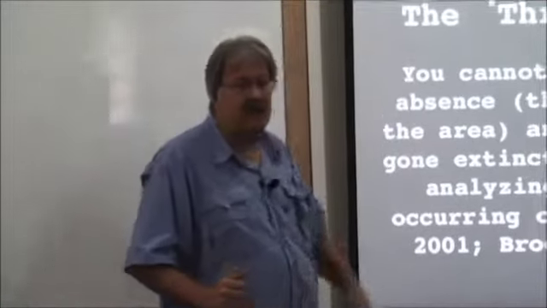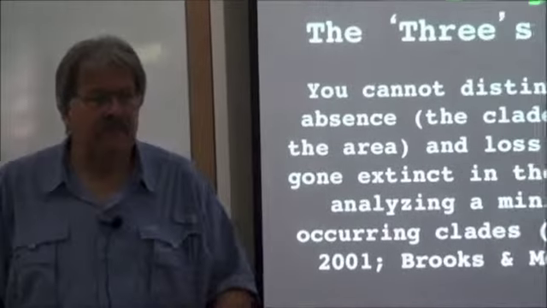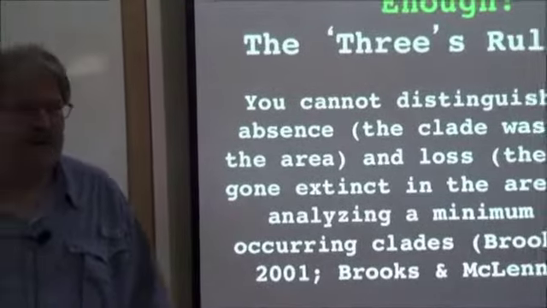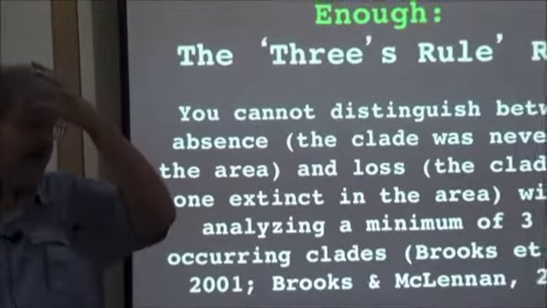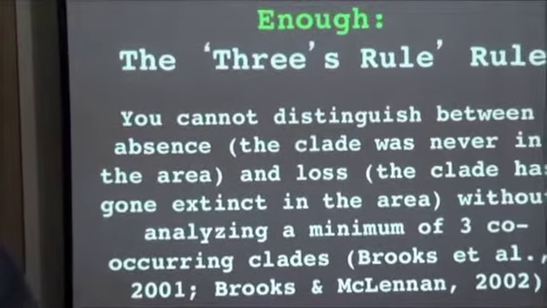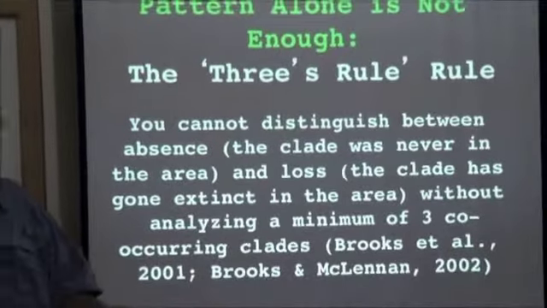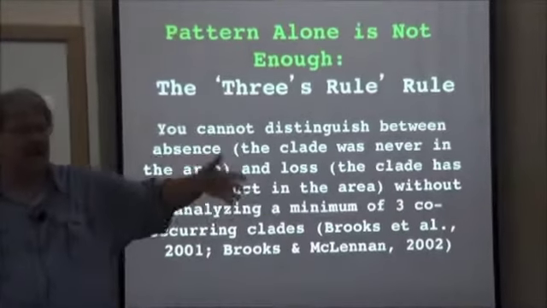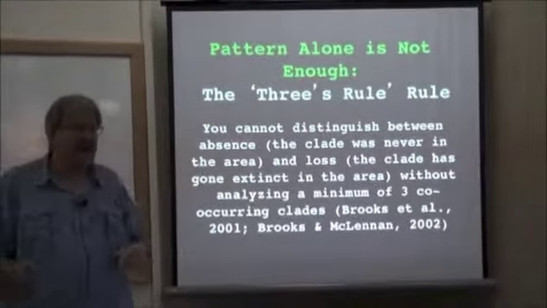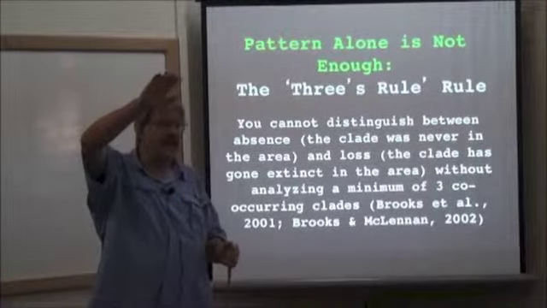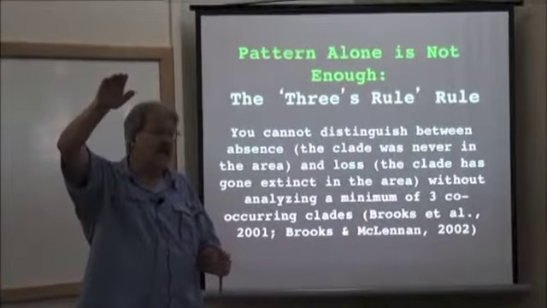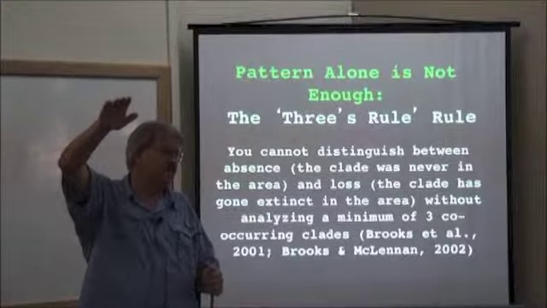And in fact, what you really need is more. You need as many as it takes. With PACT, you need as many clades as it takes to get an asymptote in your sampling saturation curve. And that means you keep adding clades until you no longer get new pieces of pattern.